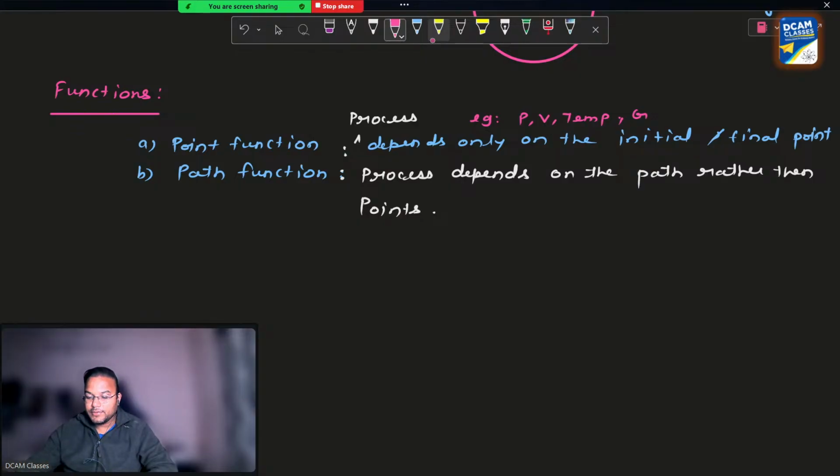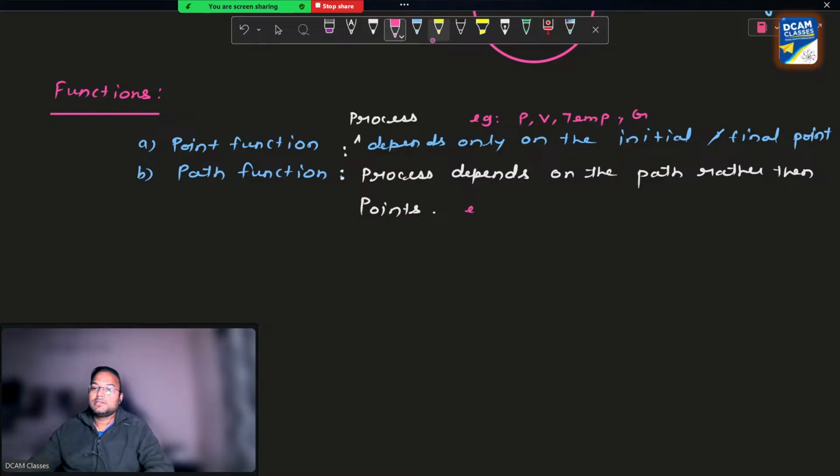There are many different ones. Whatever the process, pressure, volume, temperature, and Gibbs function are known as point functions.